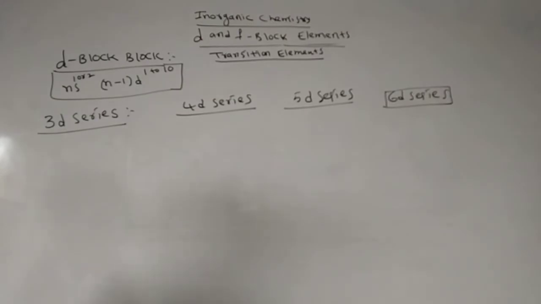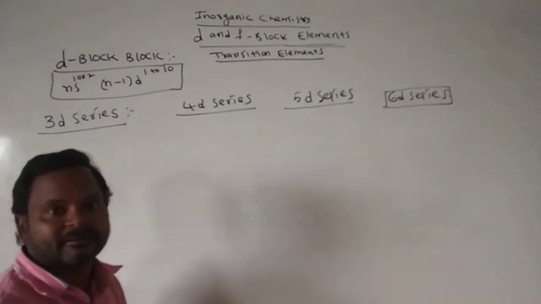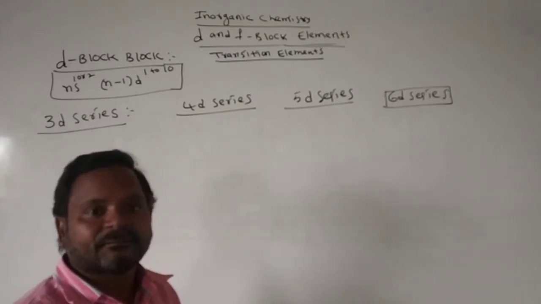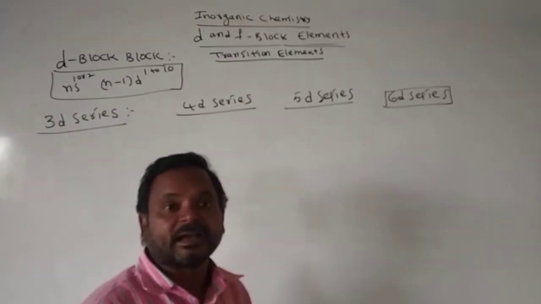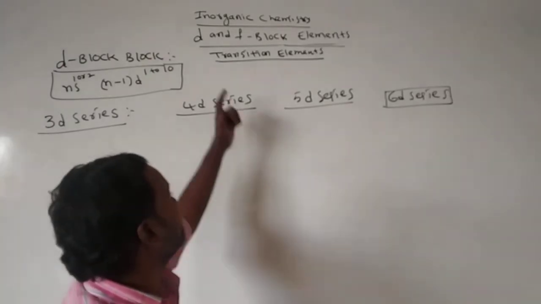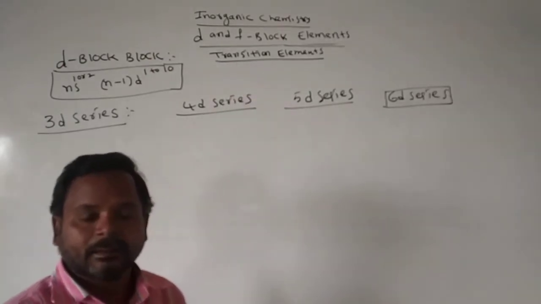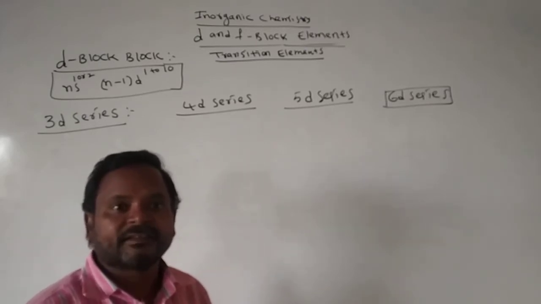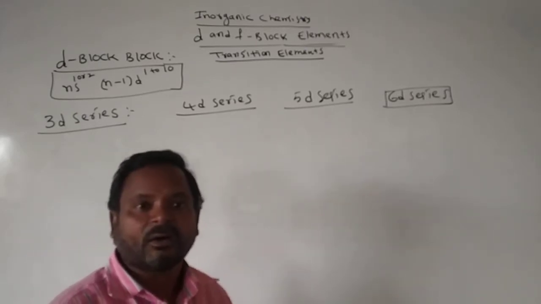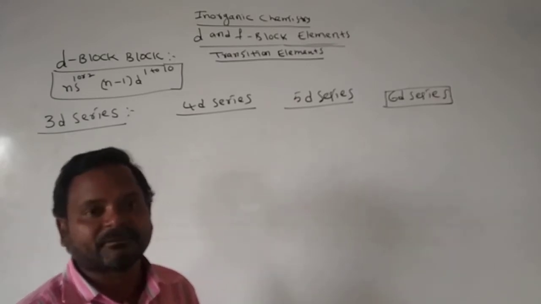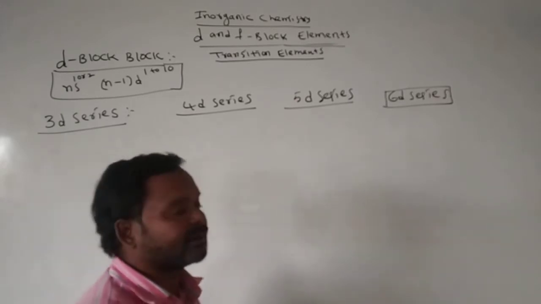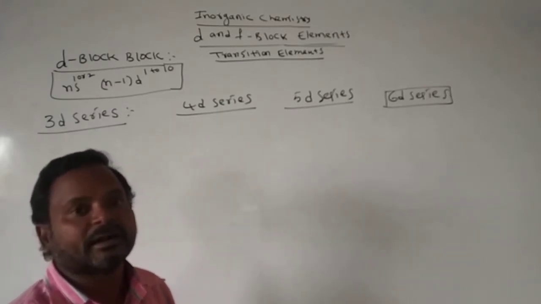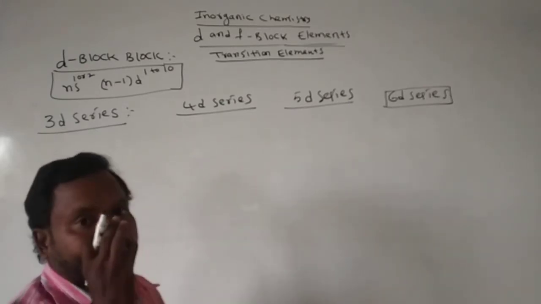Transition elements are the d-block elements which have incompletely filled or partially filled d orbitals. Such elements we call transition elements.